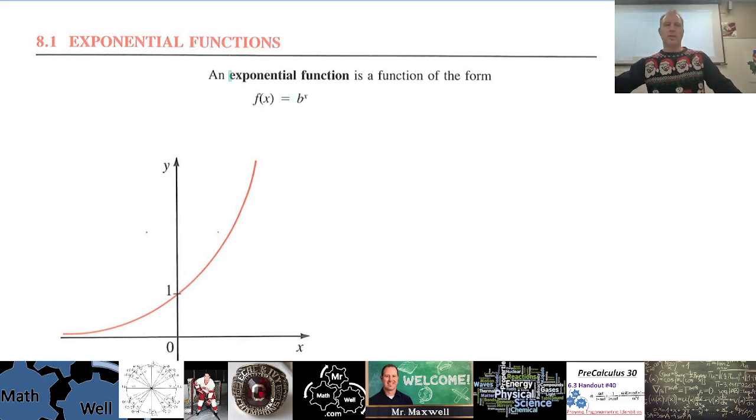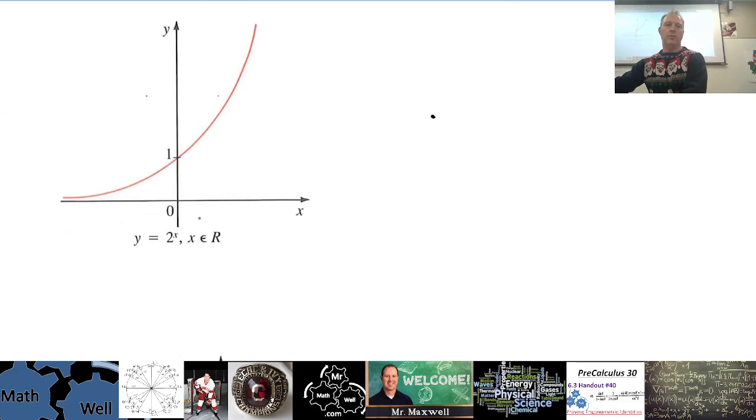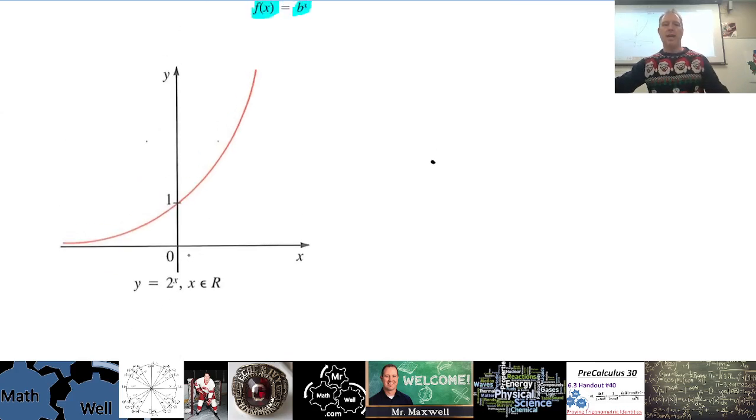So this is an exponential function right here, f of x, or y equals b to the power of x. B is just some base. In the diagram here, this is y equals 2 to the power of x, a pretty typical exponential function that you've seen in pre-calculus.